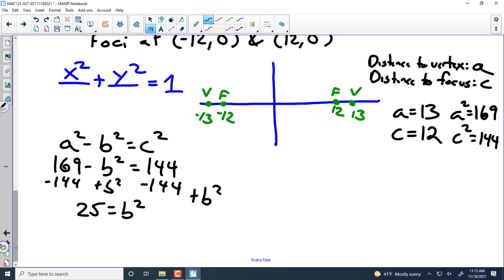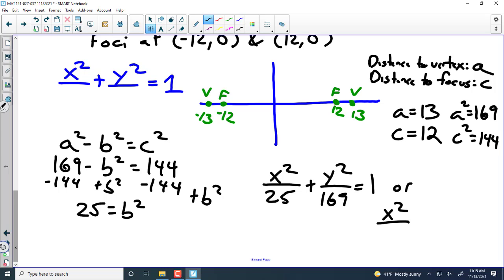Look at this board, everyone. Do I have the number A squared? Yeah, it's 169. Do I have B squared, everyone? Yeah, it's 25. The only thing you need to figure out now is you got to make sure you put them in the right places.